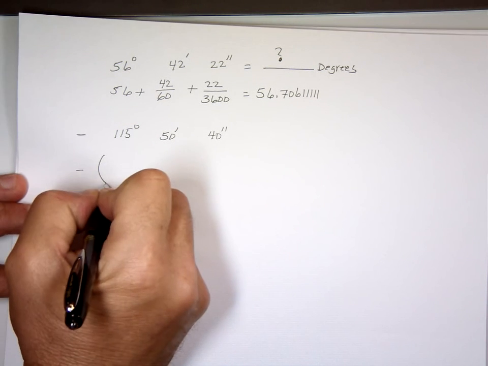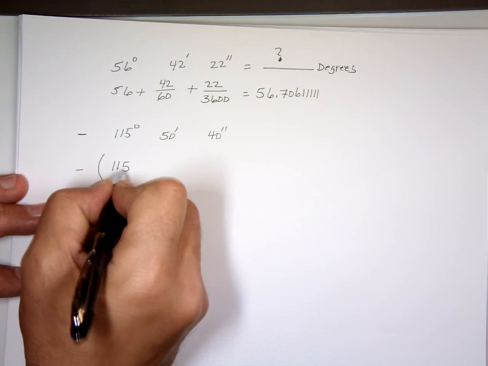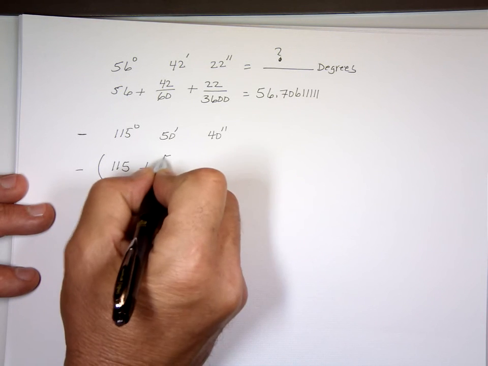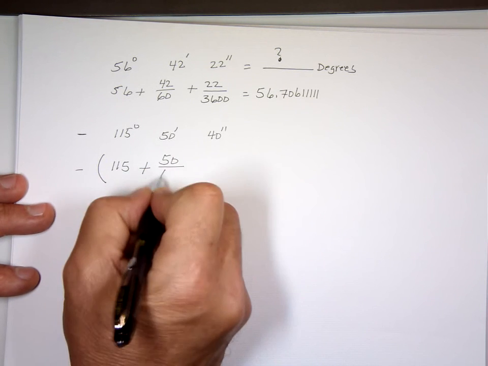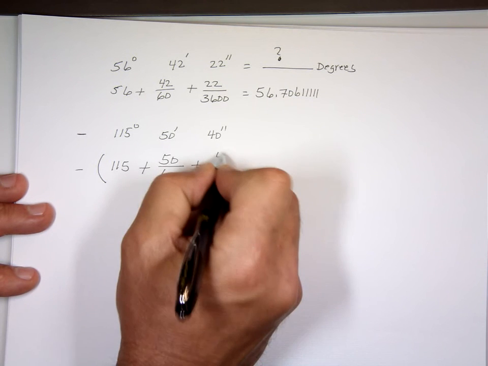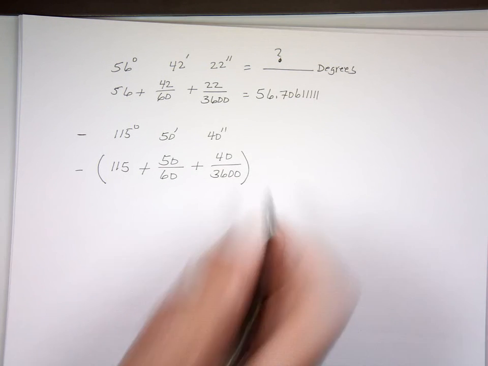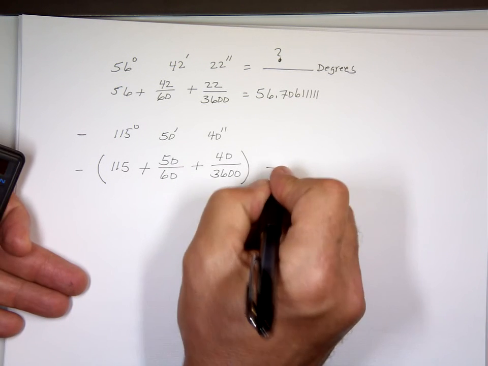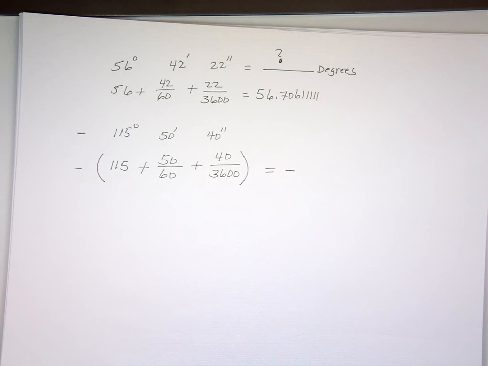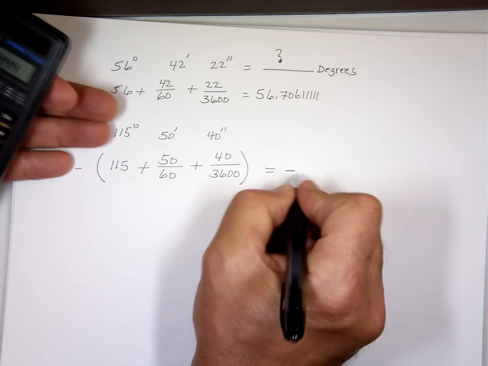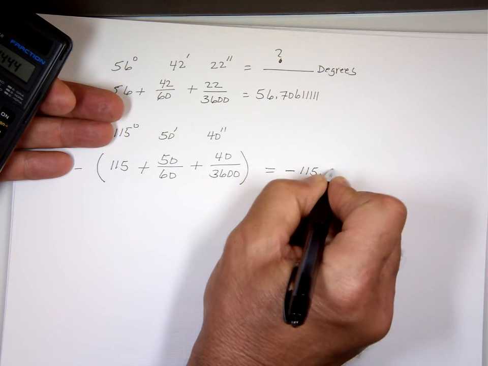115 plus 50 over what? 60. Plus 40 over what? 3,600. Here's the minus sign. 115 plus 50 divided by 60 plus 40 divided by 3,600 is 115.844444 repeating.